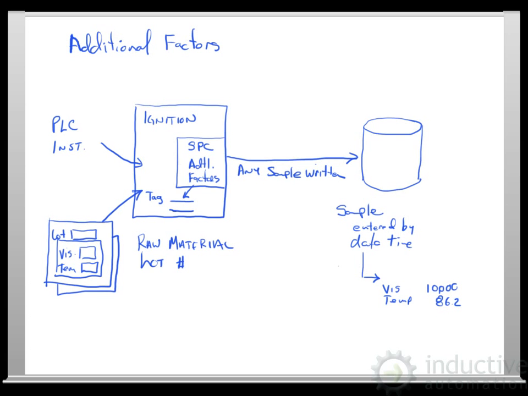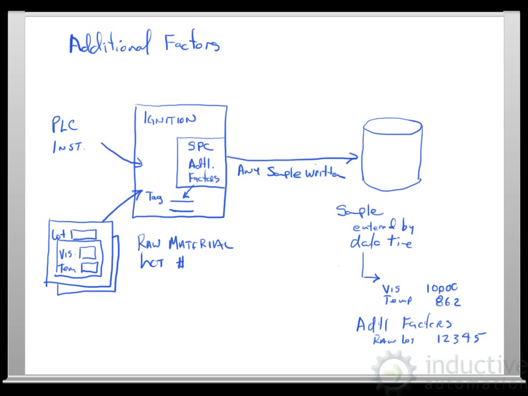So we have another table down here, which is additional factors. And now the raw material lot number, maybe it's 1, 2, 3, 4, 5, something like that, also gets written down. So for every sample, we have these additional factors that got saved as well, along with measurements and all kinds of other information.